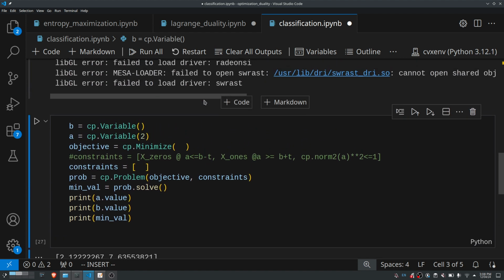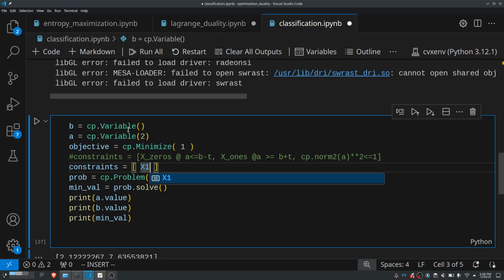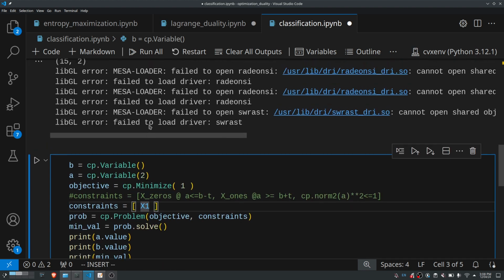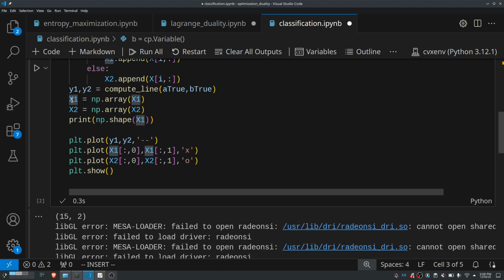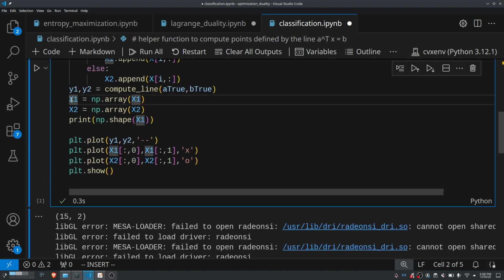So now let me set up the optimization problem. I have 2 sets of variables, A and B, correct? And my objective is to minimize a constant subject to constraints. I'm calling the 2 sets x1 and x2. In this case, x1 is an n by 2 array, and x2 is another m by 2 array.